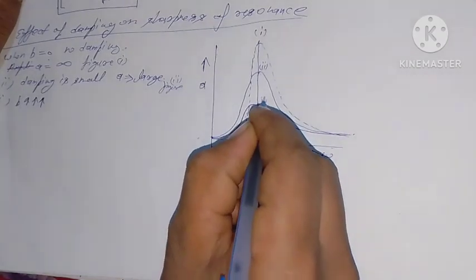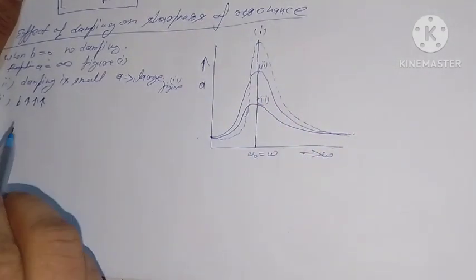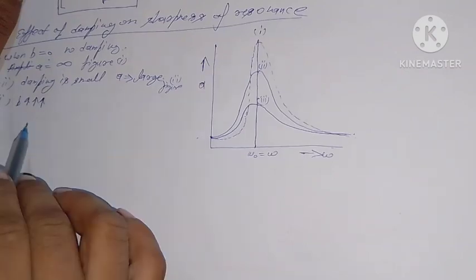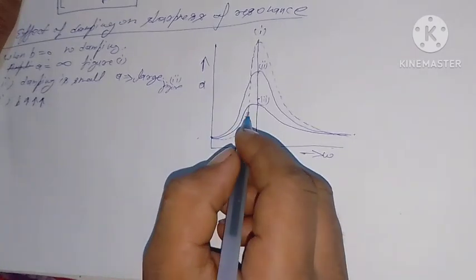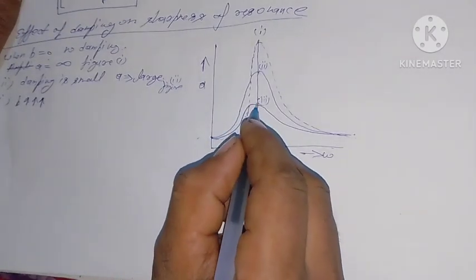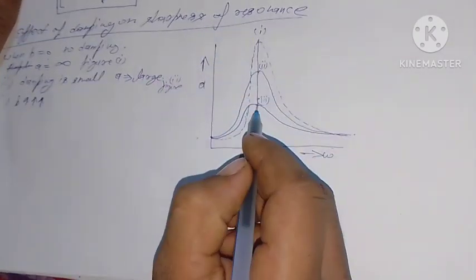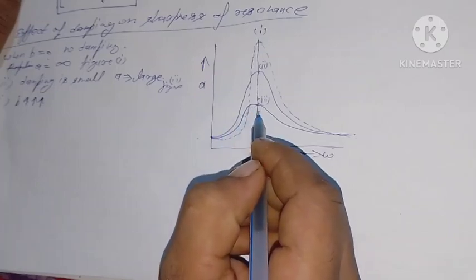This is the third figure. As the value of b increases, the amplitude at resonance decreases.